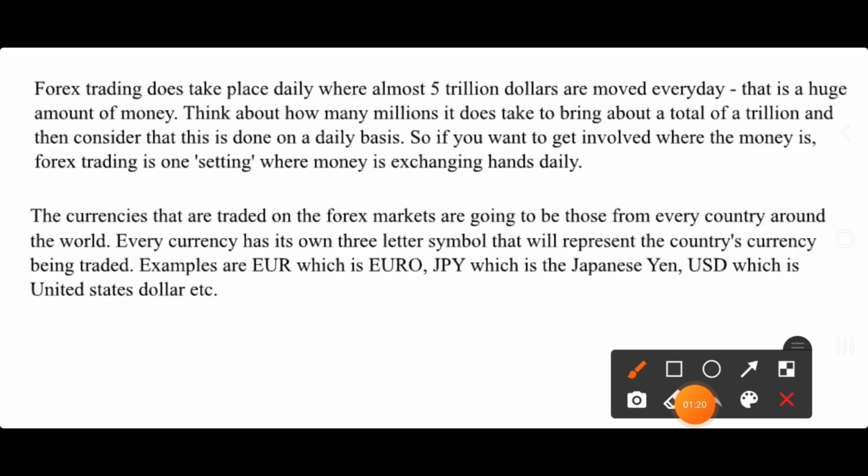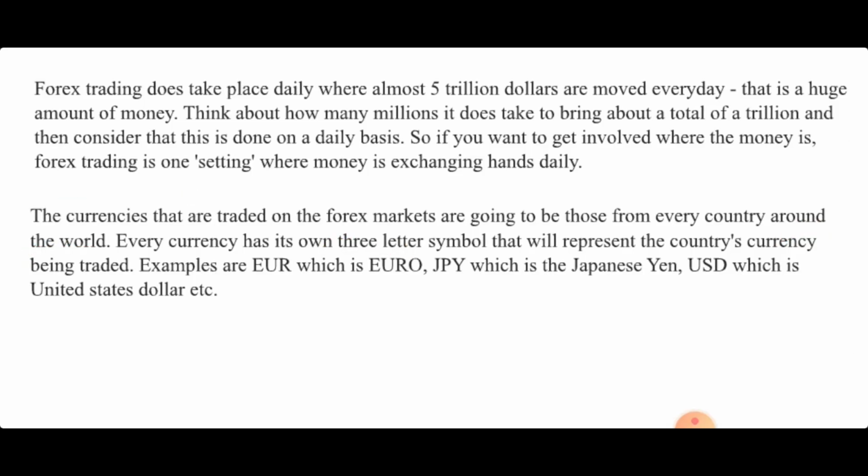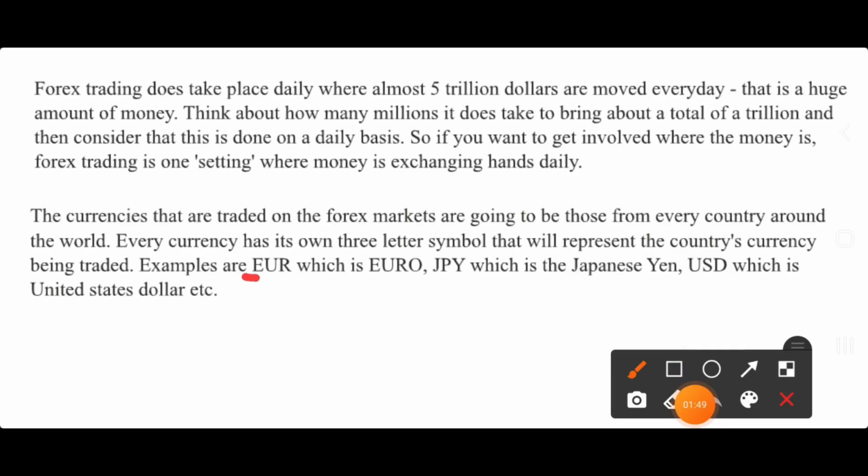The currencies traded on the Forex markets are those from countries around the world. Of course, some countries are participating and others are not. Every currency has its own three-letter symbol. Sorry for that too much highlighting. That will represent the country's currency being traded. For example, EUR is represented by euros, JPY is the Japanese yen, USD is the United States dollar.